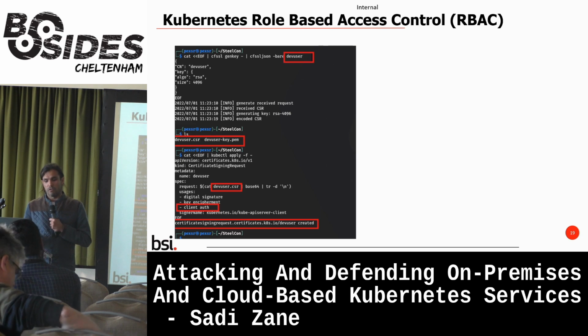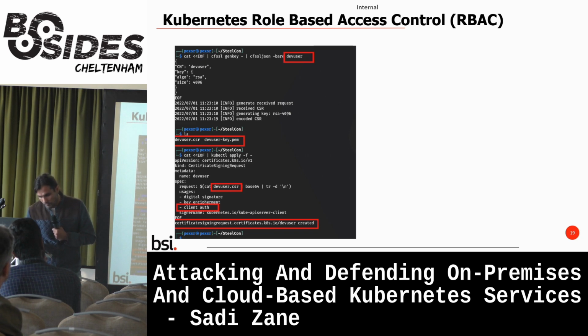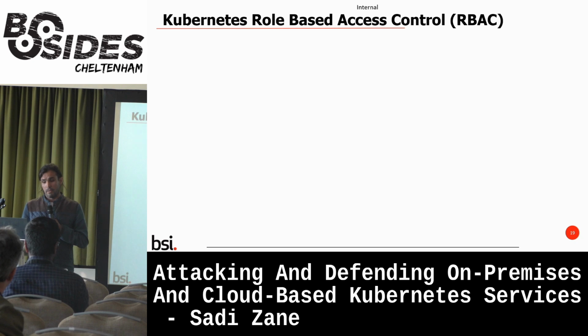I'm creating a dev user key and a dev user CSR, and I'm using the configurations to create a certificate from the CSR I've created, dev-user.csr. Once I've done that, I can apply it to the Kube API server. So I'm creating a user, and I'm going to apply a role and role binding to that user.